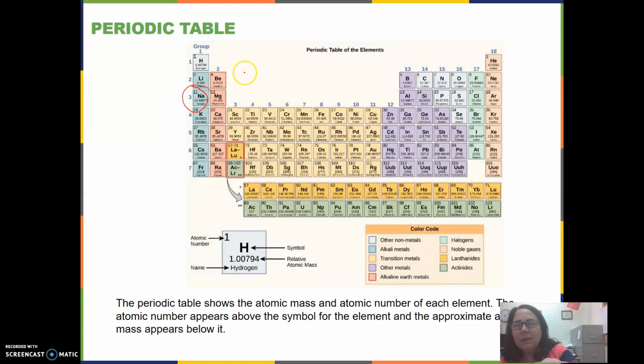With the atomic number being 11, we know that sodium has 11 protons and 11 electrons because the number of electrons and protons is equal in a neutral atom. Now the number of electrons can change if the atom has a charge, but we're assuming that these atoms currently don't have a charge.